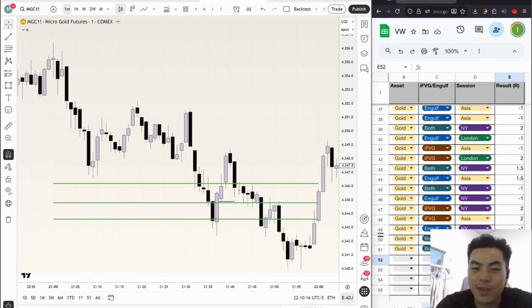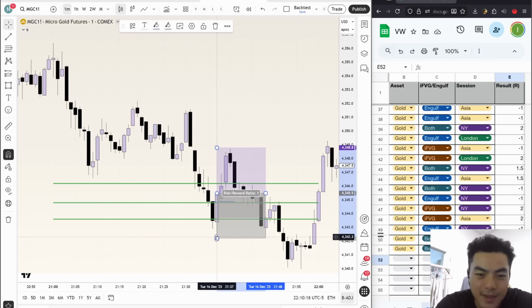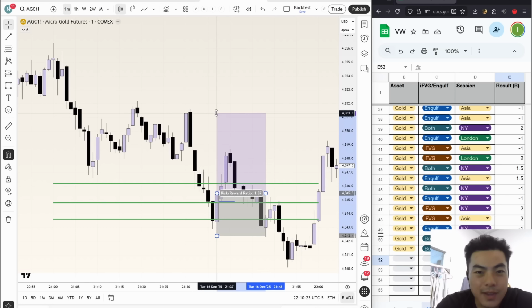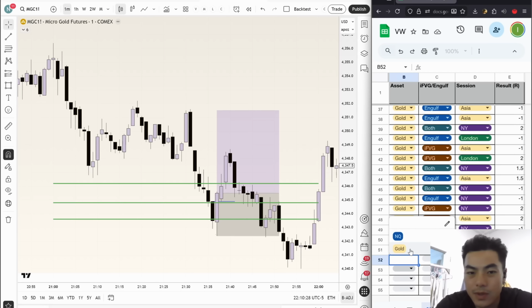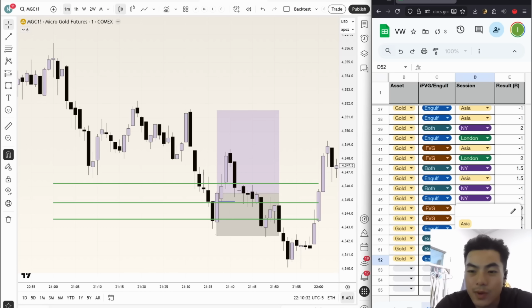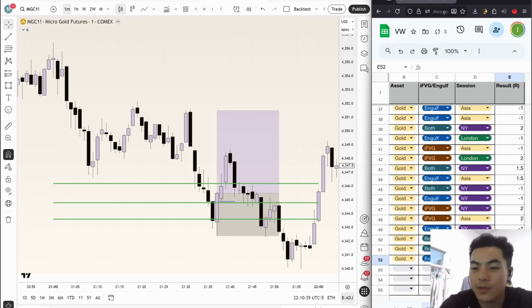Sorry, engulfing candle. Stop at that low. Targeting these highs. Stopped out. So it's gold. Engulfing candle. And Asia loss.